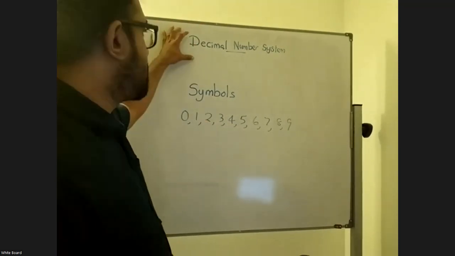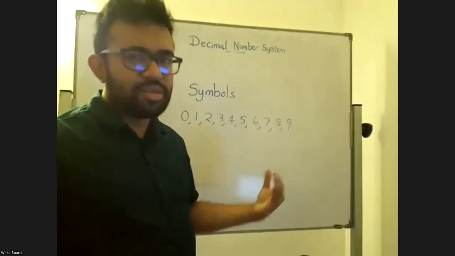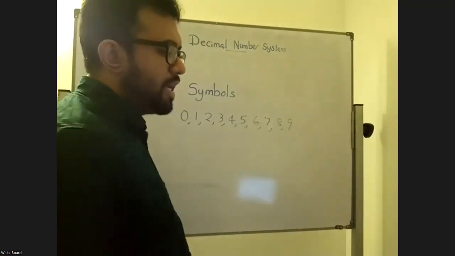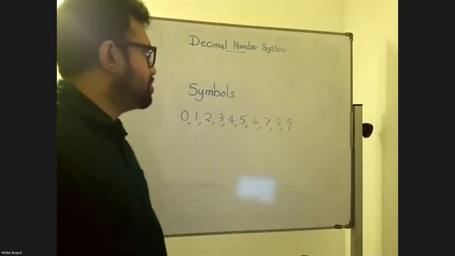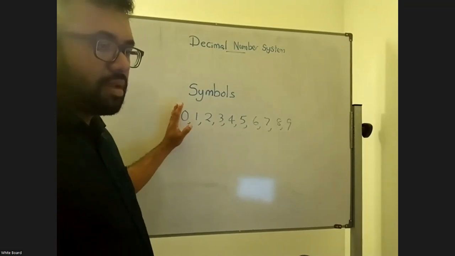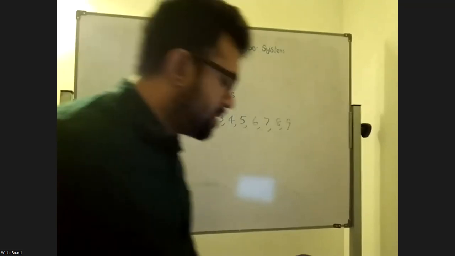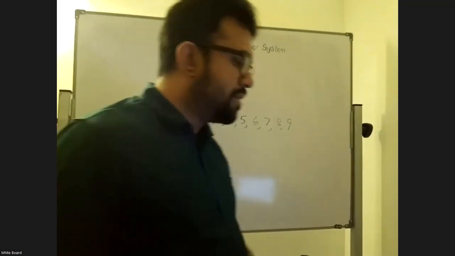I'm explaining in Sinhala as well, so anyone who watches it later who is having some issues with English can understand it also. Now we have to find out how a decimal number is created.